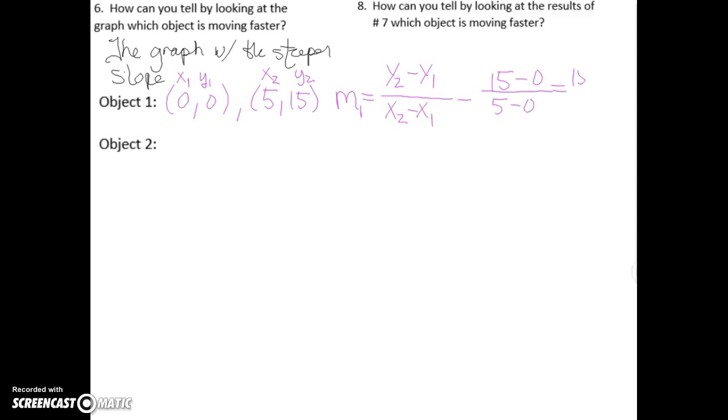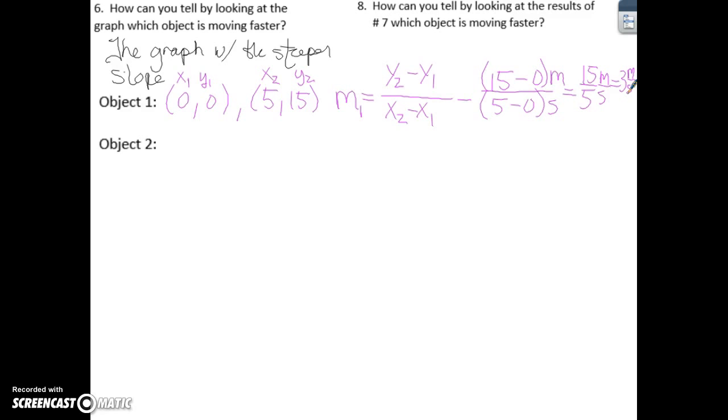And you know what? I'm also forgetting the units. The units for the rise are meters. The units for the run are seconds. Very important here. And we got 3 meters per second.